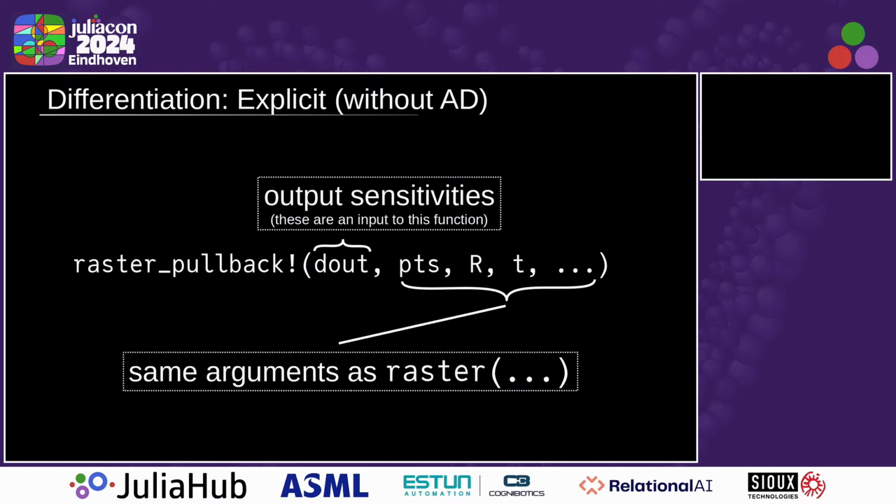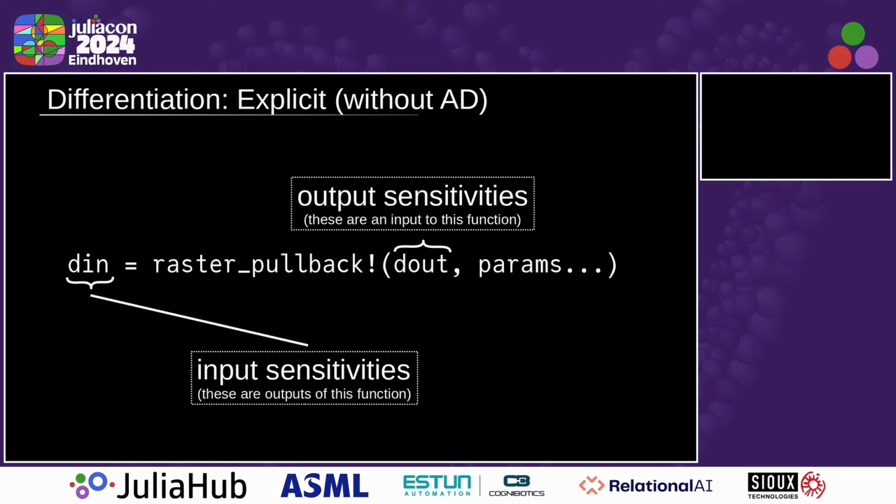It takes the exact same set of arguments as the forward pass, but instead of the first argument being the size of the output, it takes the sensitivities of a scalar value with respect to the output of the raster function and pulls them back and returns the sensitivity of this scalar value with respect to the input parameters of raster. Okay.